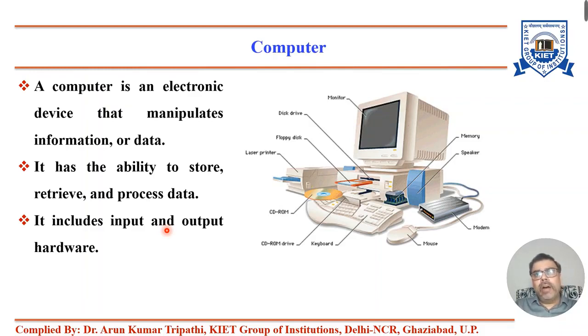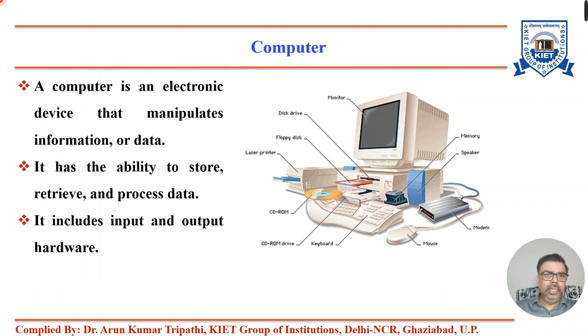And after processing the data, it may be stored on internal devices such as a hard disk, or may be sent to external devices such as a printer or any other machine.